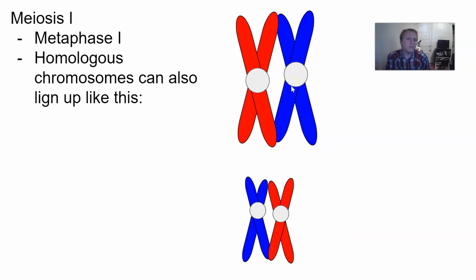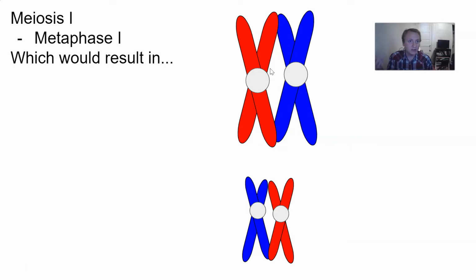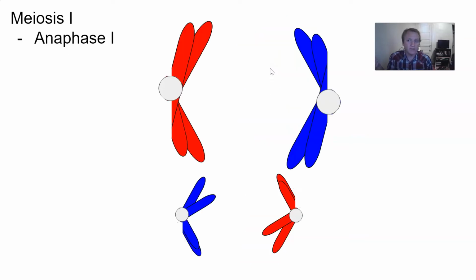But what was to prevent the chromosomes from lining up in a different orientation? Why can't the chromosomes line up like this, where maybe you have maternal and paternal flipped around? And the answer to that question is nothing is preventing them from doing that. And they often will line up like this. This, however, generates very different looking gametes than we had before.